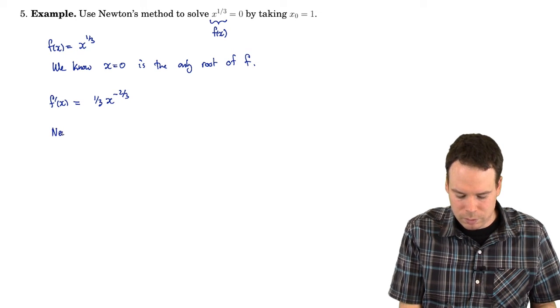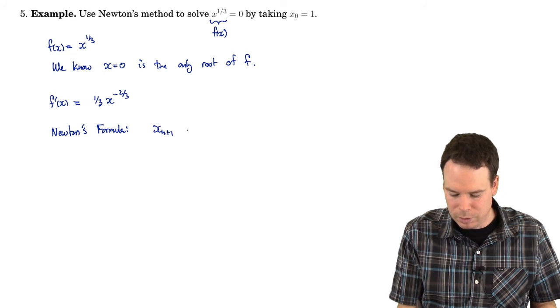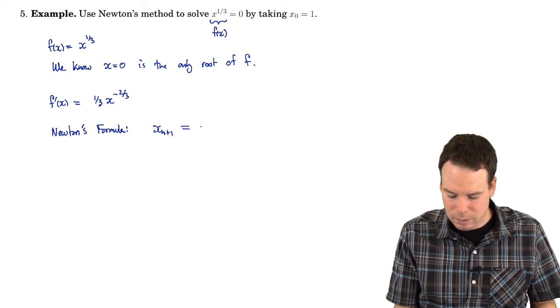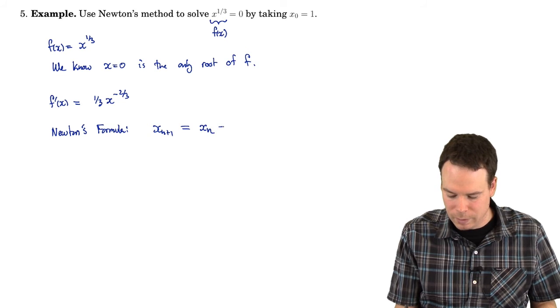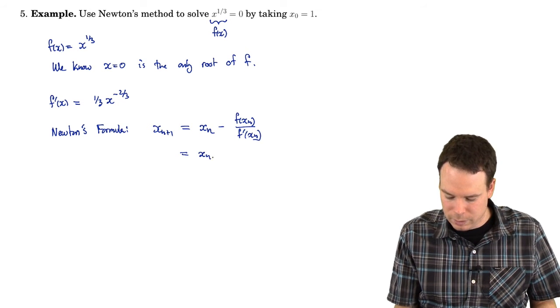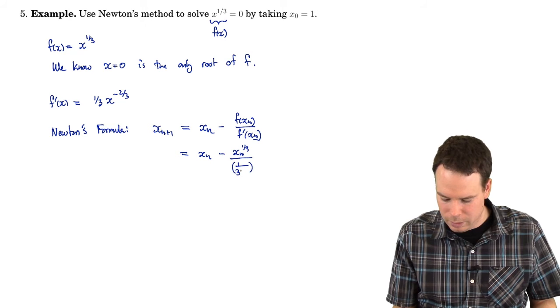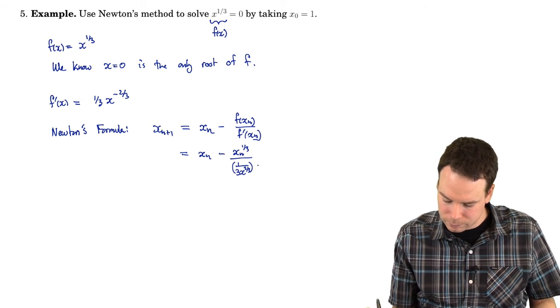We're going to write down Newton's iterative formula. And what does that become? Well, Newton's iterative formula says the next approximation is the previous one minus the function value at xn over its derivative at xn. So that's xn minus xn to the 1/3 all over 1/3 xn to the negative 2/3.